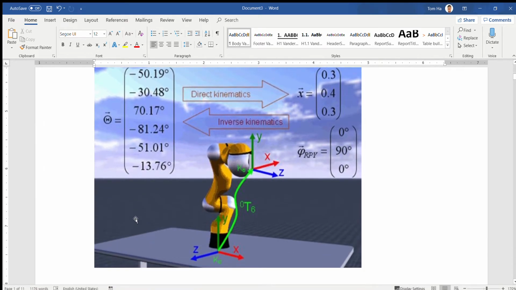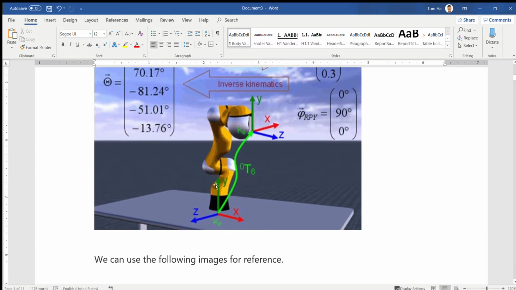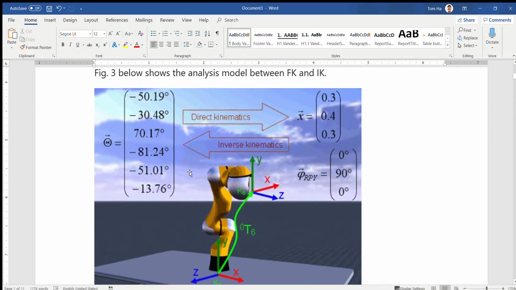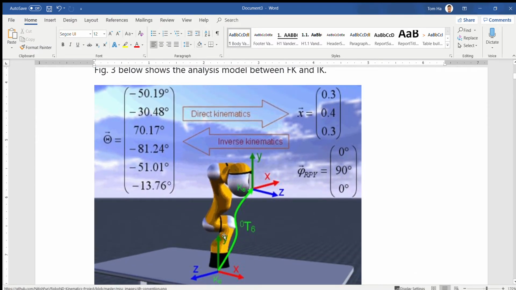For any robot arm, for example right here, we know the angle for each joint, and we get the final position and orientation. Inverse means you know the position and orientation, and you have to calculate the angle of each joint.